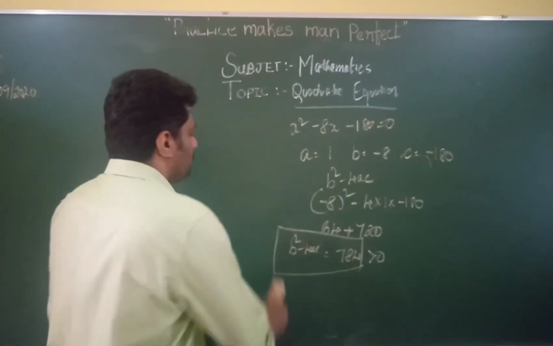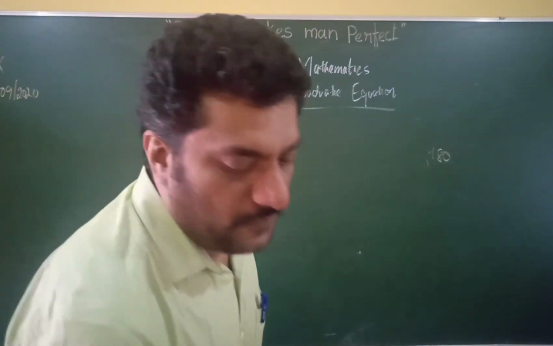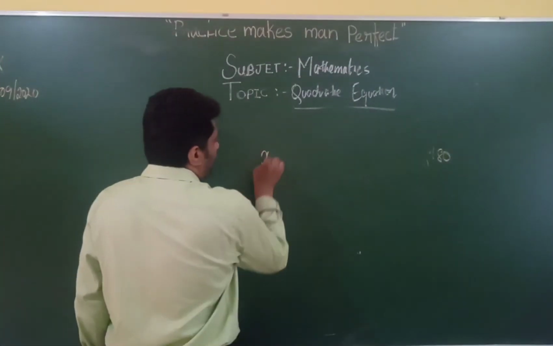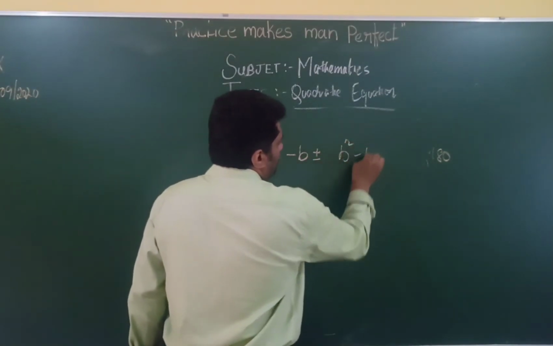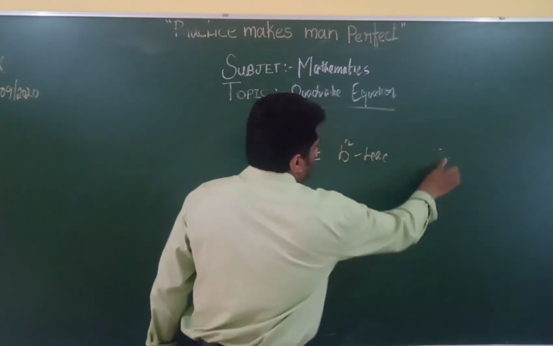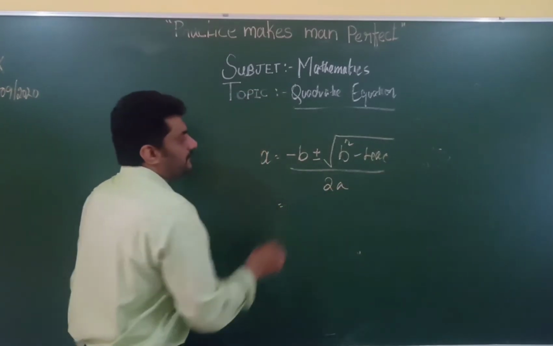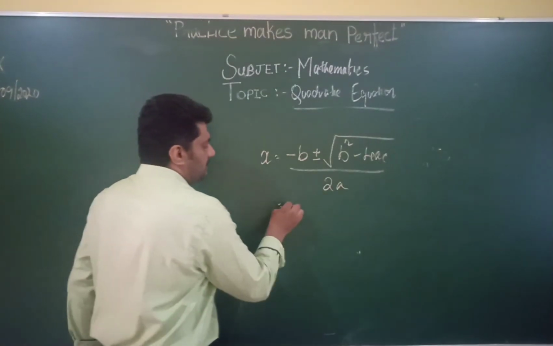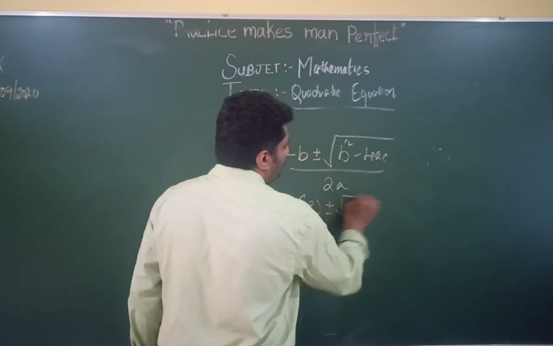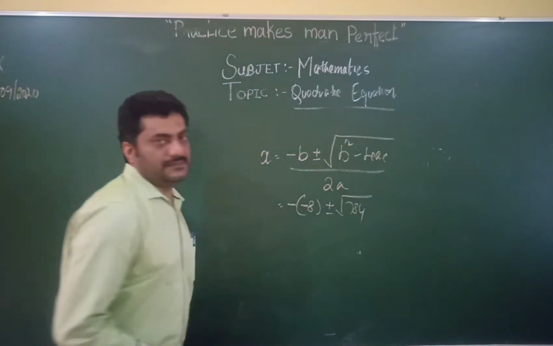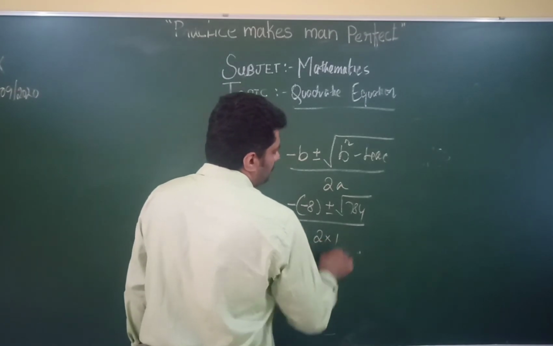Now how can we find the values of x? Again, get into the formula method, which is x is equal to minus b plus or minus root of b square minus 4ac, divided by 2a. We know the value of b, right? It is minus of minus 8 plus or minus root of 784, divided by 2 into 1.